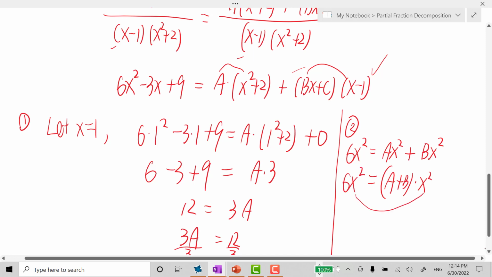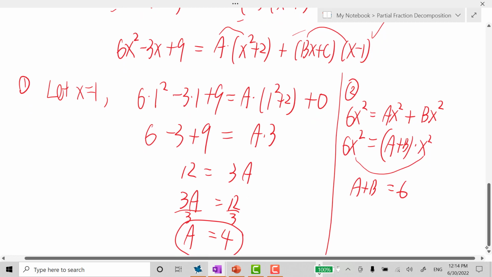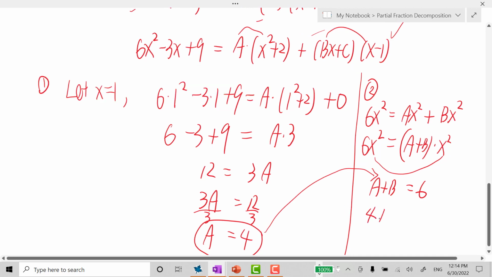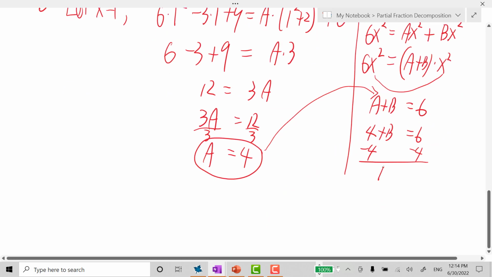Same x squared, so that means a plus b must be 6. And since we know a is 4, then 4 plus b equals 6. That means b must be 2. So b equals 2.